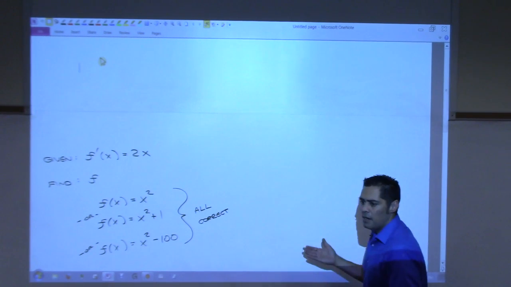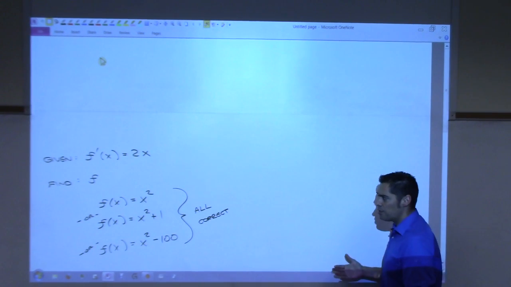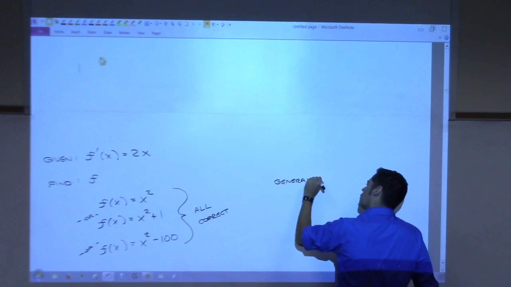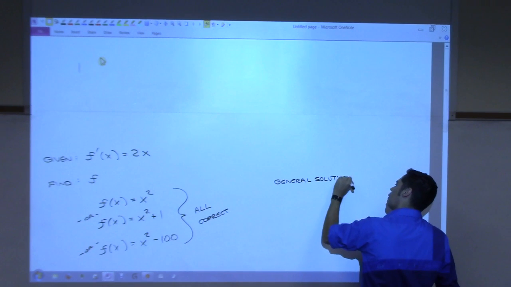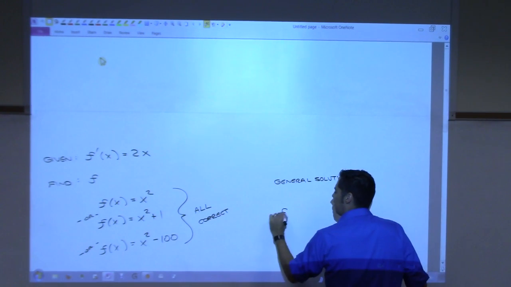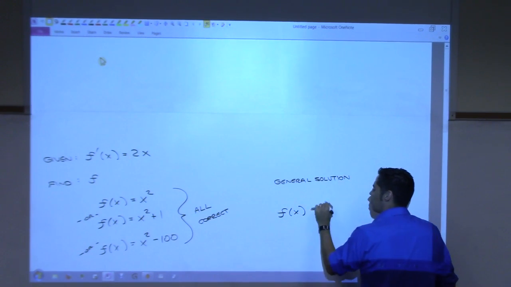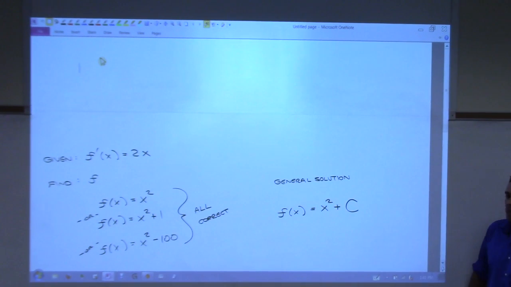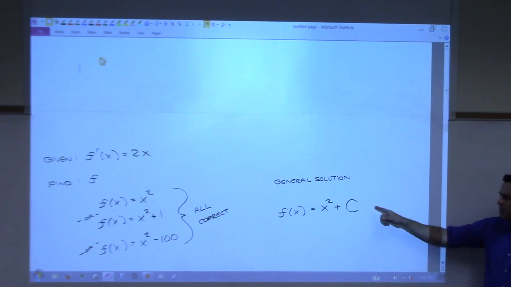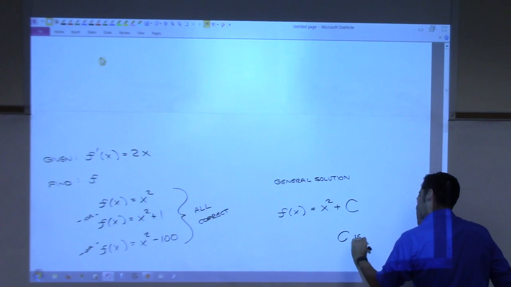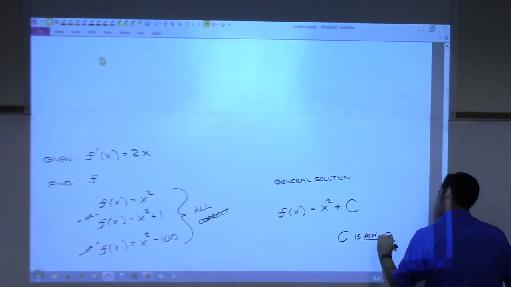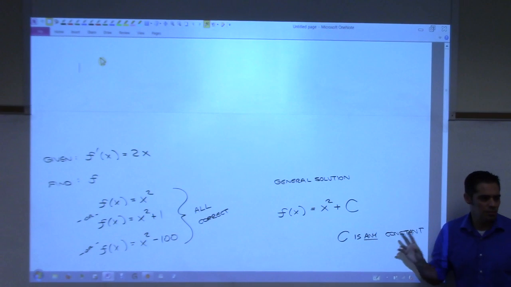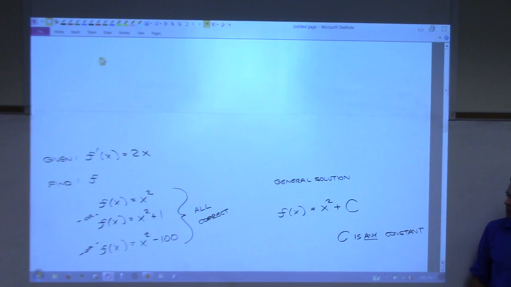But since there's an infinite number of correct answers, we want a general solution. The general solution to this would be to say f of x must be x squared plus capital C, where C is any constant. We have a technical name for that C, which I'll introduce later, not yet.